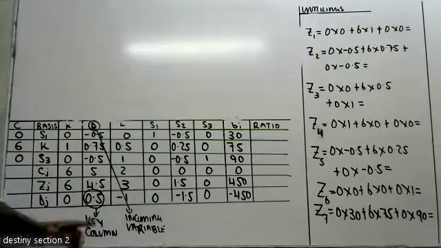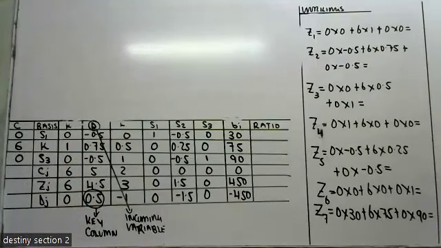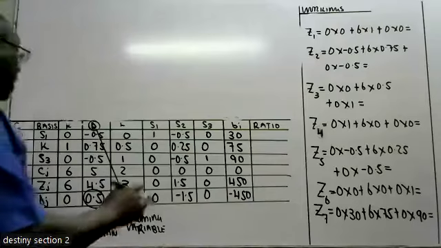Then you take these values that are here and you divide to get the ratio.